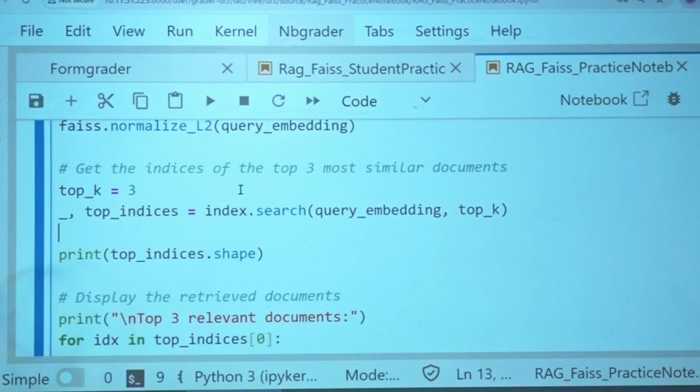Go and match this. So the flat indexing, which is what we are using, is a very slow indexing. What does it do? The entire index is flat, one by one.